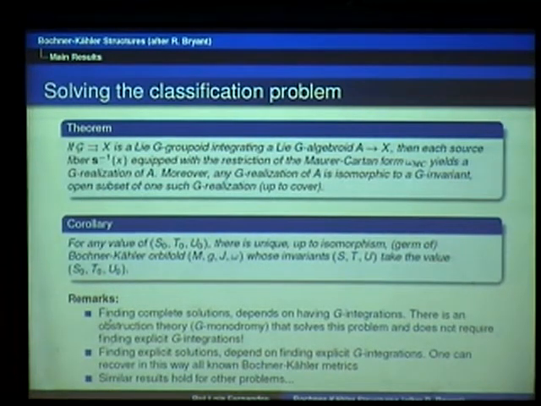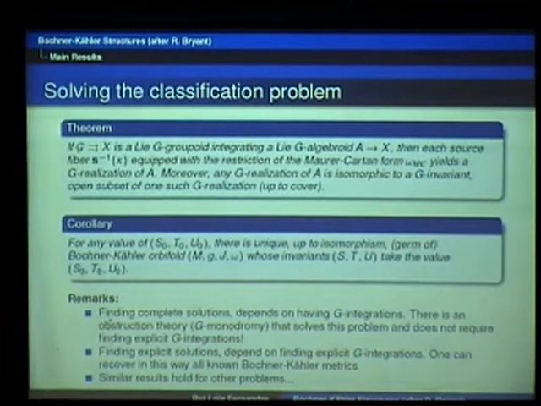So there is an obstruction theory that builds on the obstruction theory that I told you that was used to solve Lie's third theorem for algebroids. There is an obstruction theory that is more refined, that is for these Lie G algebroids, that allows us to understand whether there are or not G integrations, and therefore whether there are or not complete solutions. So complete Bochner-Kähler metrics in that case.